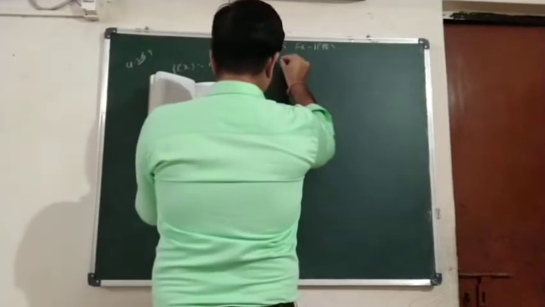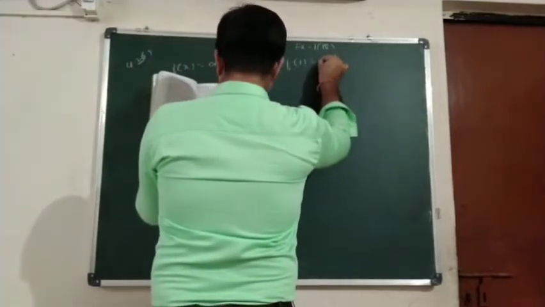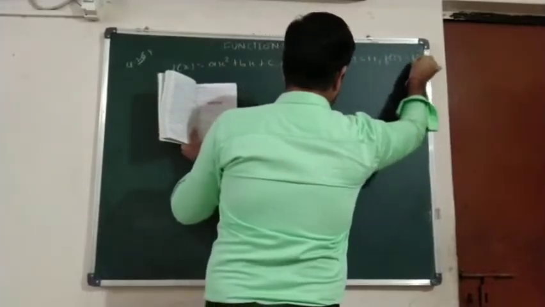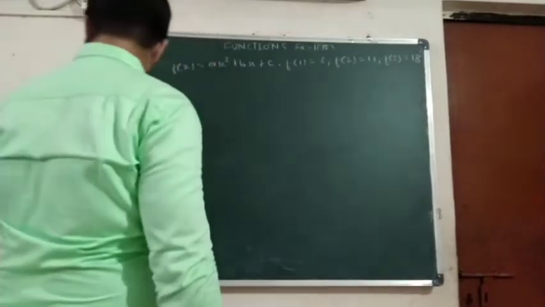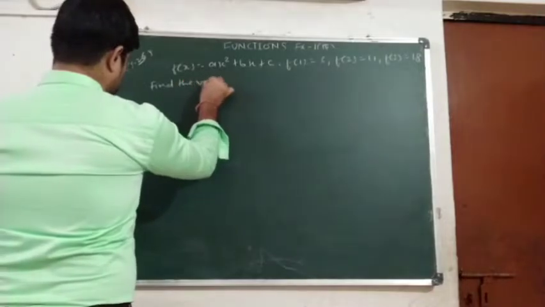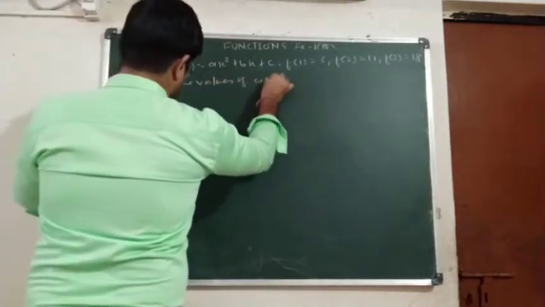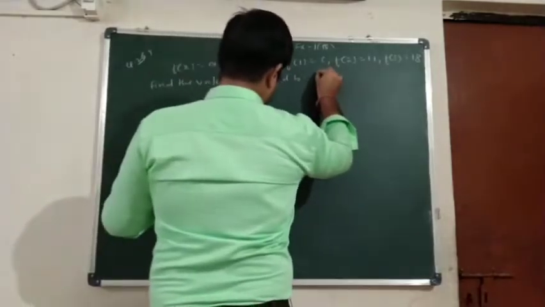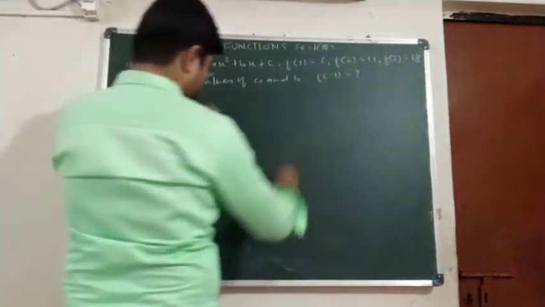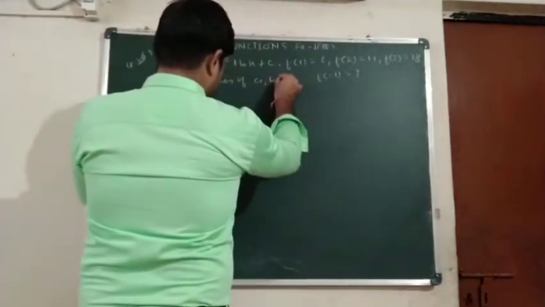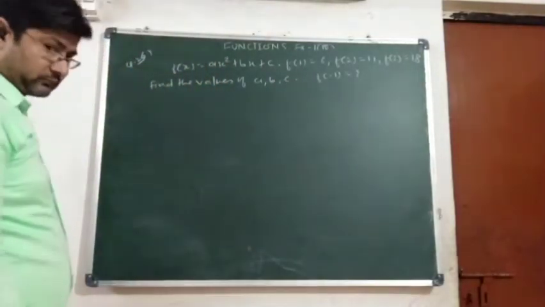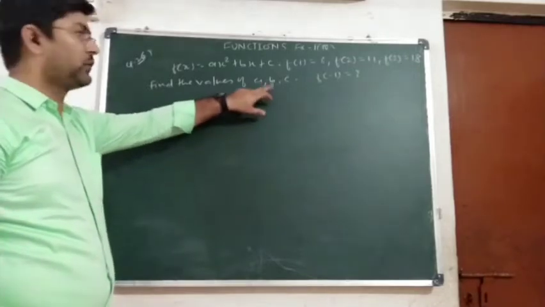We are also given the values of f of 1, f of 2 and f of 3. We have to find the values of a and b. Also we have to find f of minus 1. After finding the value of variables a, b and c, we will calculate f of minus 1. So our first task is to find the values of a, b and c.